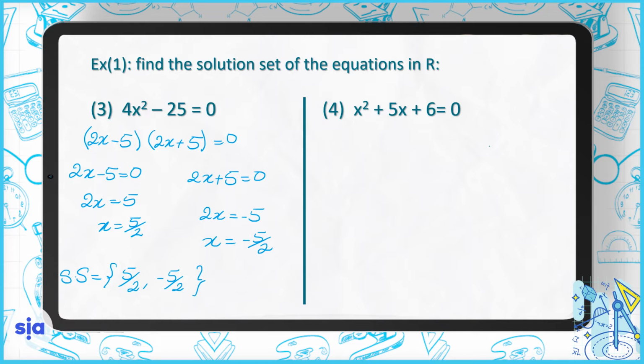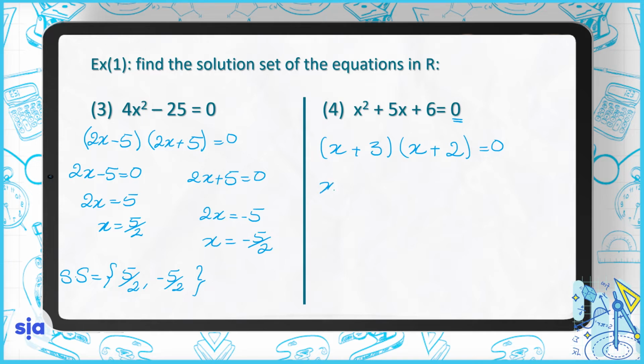Question 4. Yes, we can factorize, but before you factorize, check that it's equal to 0, not any other number, and there is no HCF to factorize with. Two brackets equal to 0. This is (x plus 3)(x plus 2).